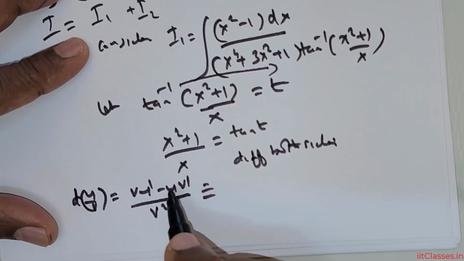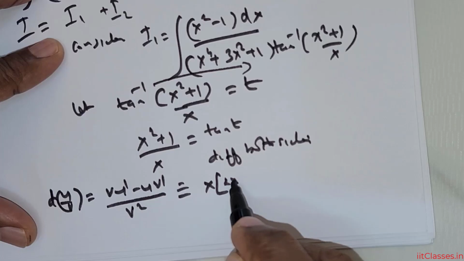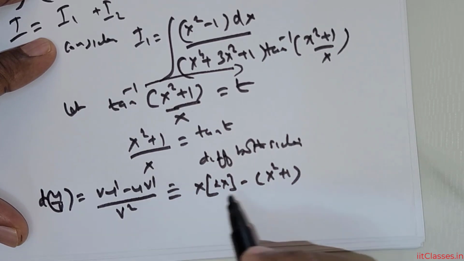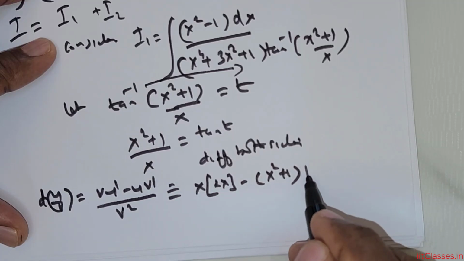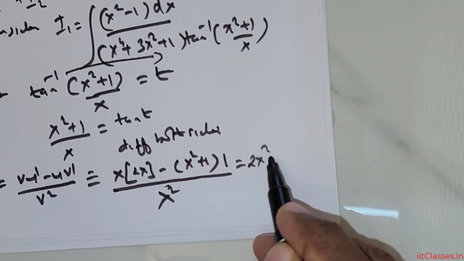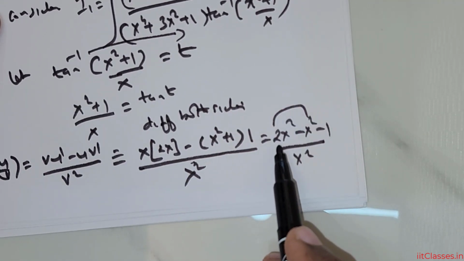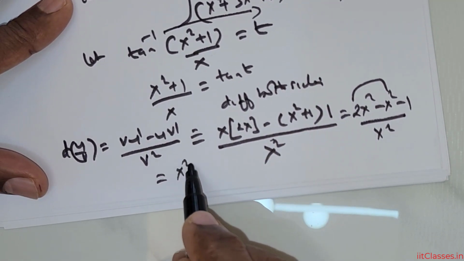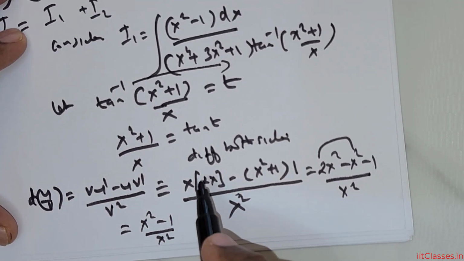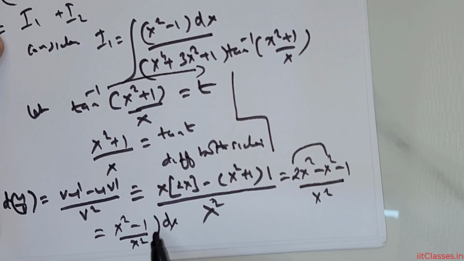So x times the differential of x squared plus 1, which is 2x, minus (x squared plus 1) times the differentiation of the denominator, which gives 1, divided by x squared. So this is going to be (2x squared minus x squared minus 1) divided by x squared. You add 2x squared with negative x squared, you get (x squared minus 1) divided by x squared. So differentiating, this is what you get, and we need to place the dx there.